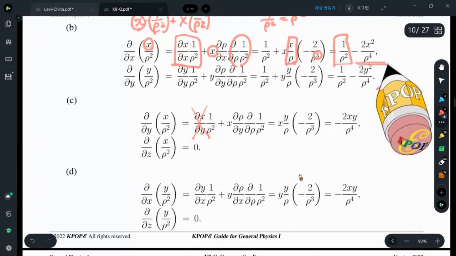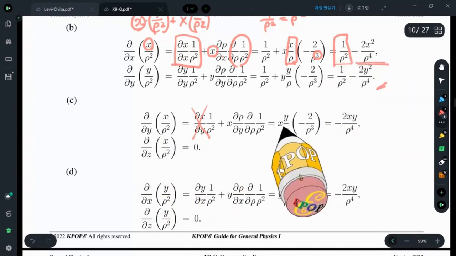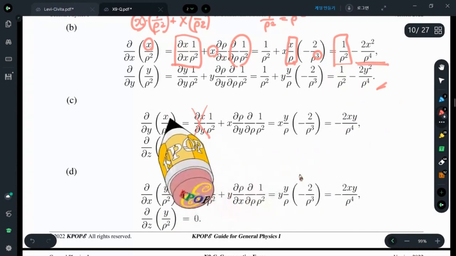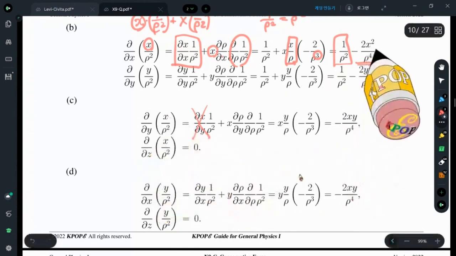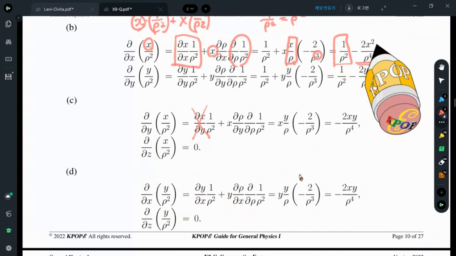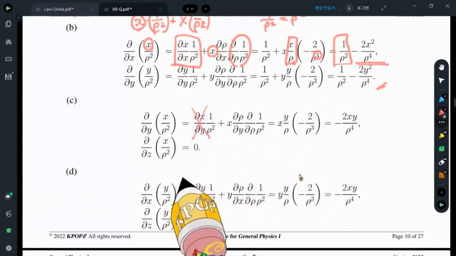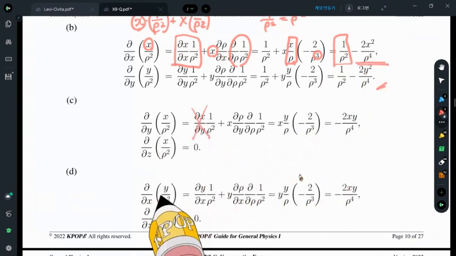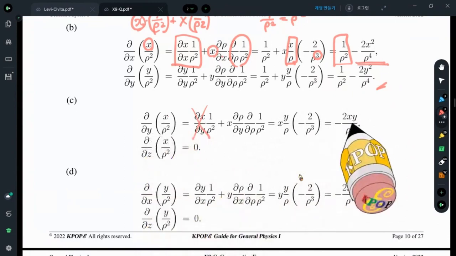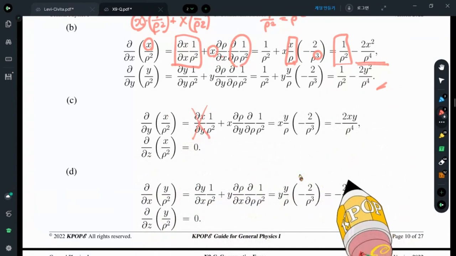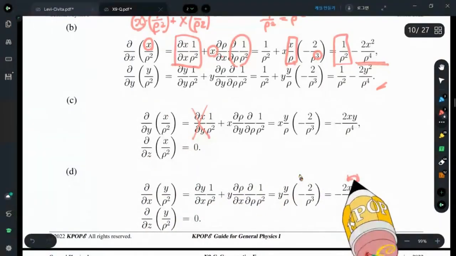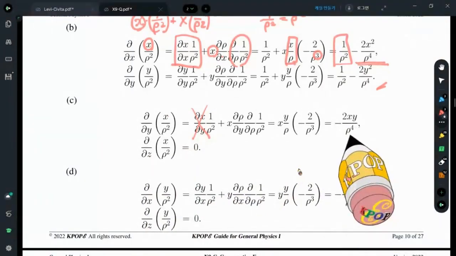Instead, this kind of term appears, but we have a crossed one, x and y, instead of x squared. If I combine everything together, this is the case for the flipped case, with x and y exchanged. What I have is the same result. Exchanging x and y doesn't change the result.